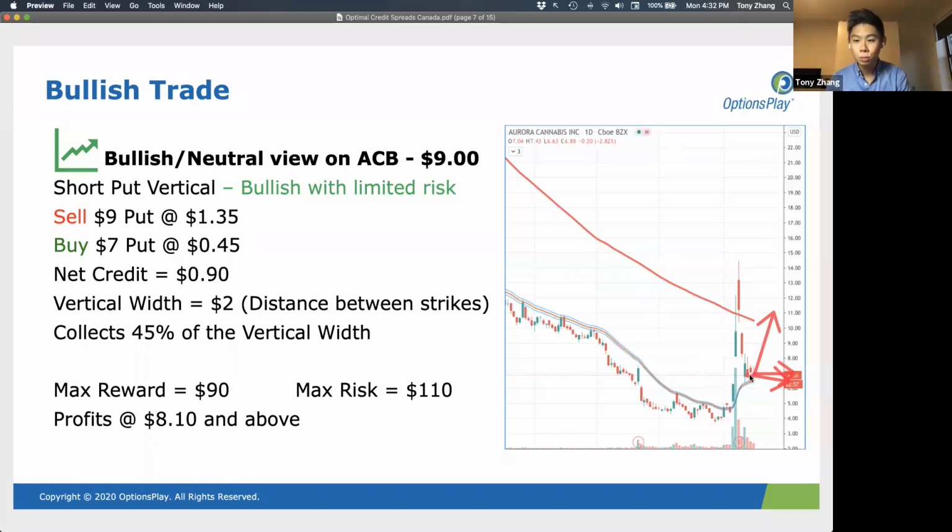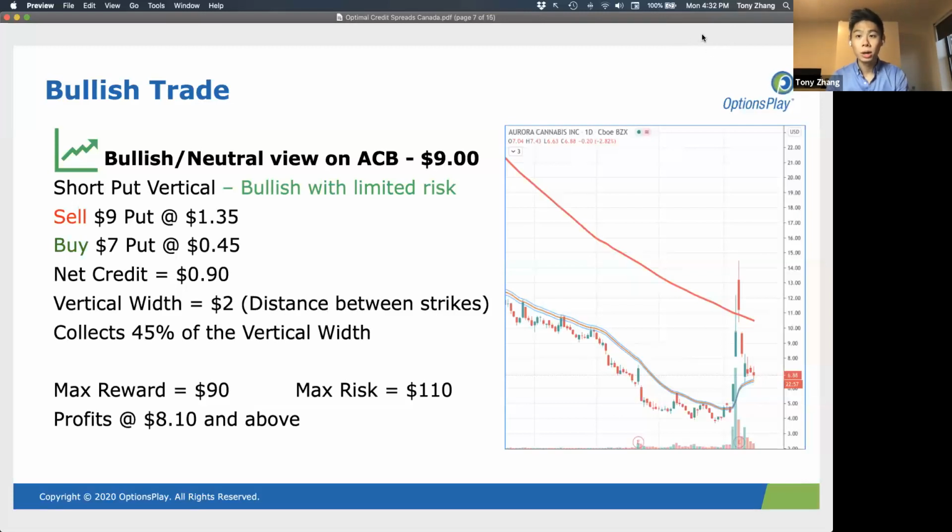The only time you lose money is if the stock makes a big move to the downside. And if that happens, your max risk is limited, substantially smaller than if you didn't buy that $7 put. If you just sold the $9 put and the stock dropped, the more the stock drops, the more you lose. Here, the most you can lose is that $110 per contract. So that's the fundamental building blocks of a credit spread.